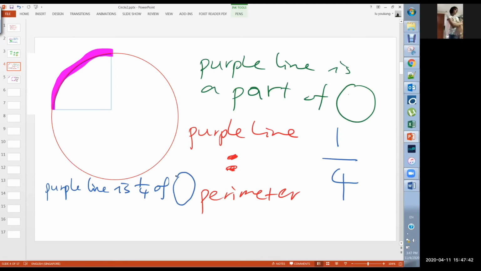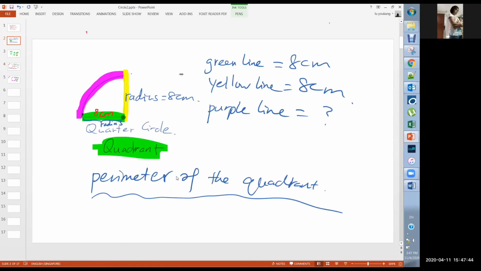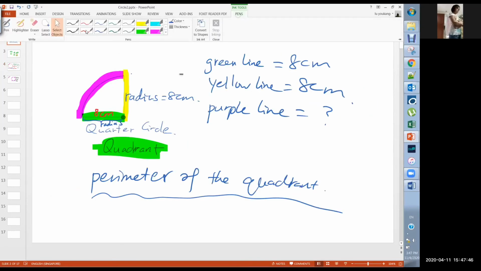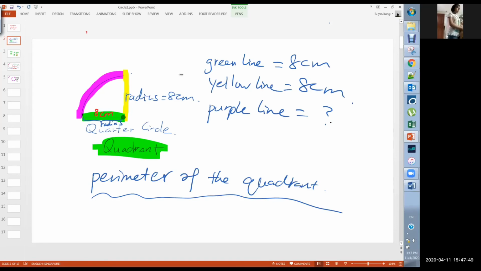Very good. So that means the purple line is 1/4 of the circle. So how do you find the perimeter of the circle in this case? Formula? Can you remember? Cannot, then you find.